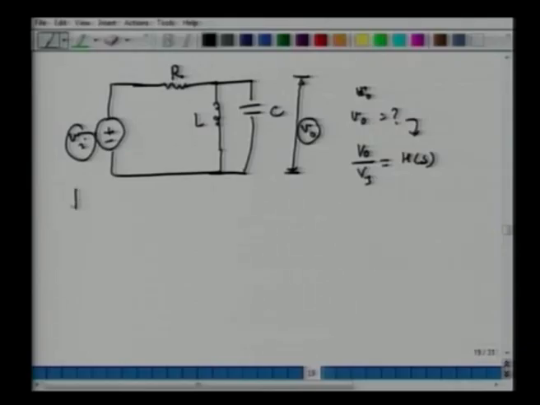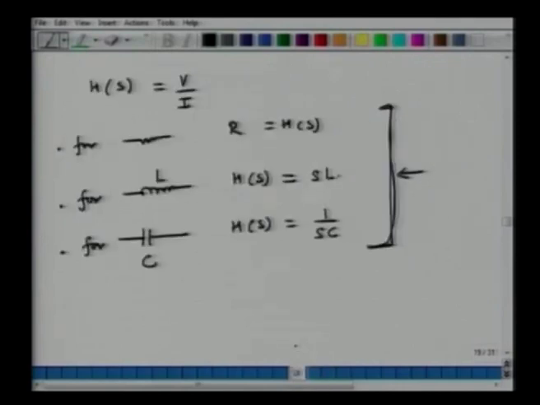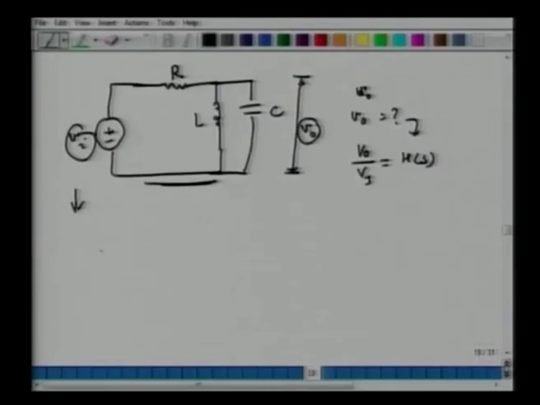So a relatively straightforward way is to transform this circuit into frequency space, which means that I replace R by its equivalent transfer function, which happens to be R. I replace L by sL and C by 1 over sC. So I am transforming this into the frequency domain.